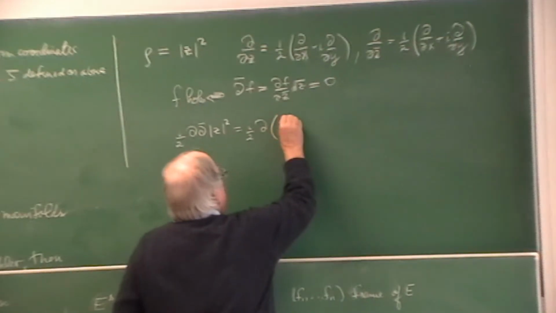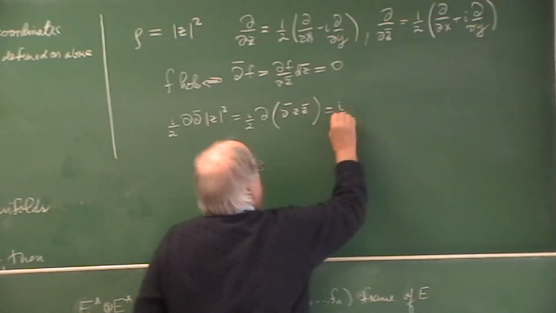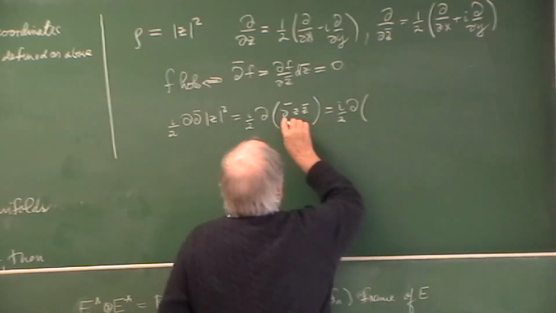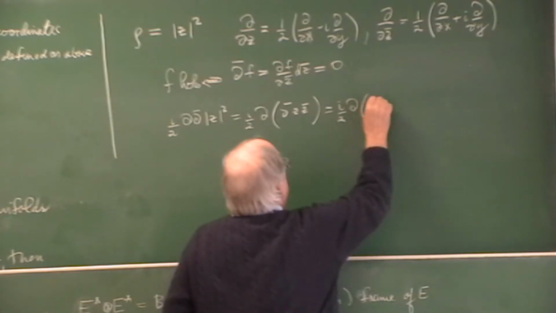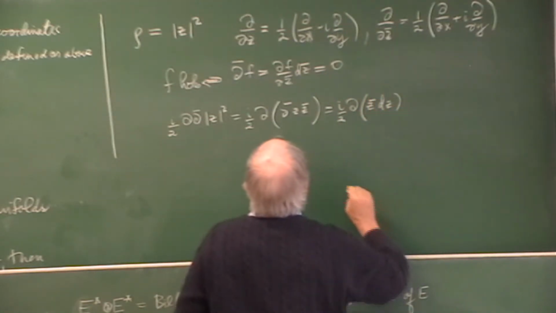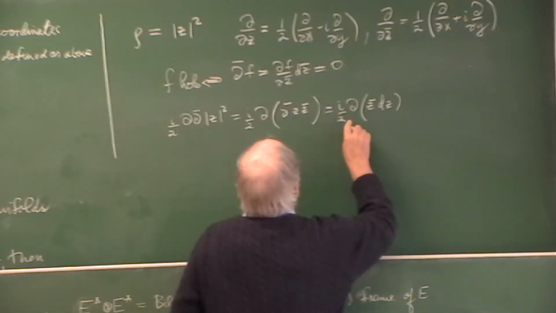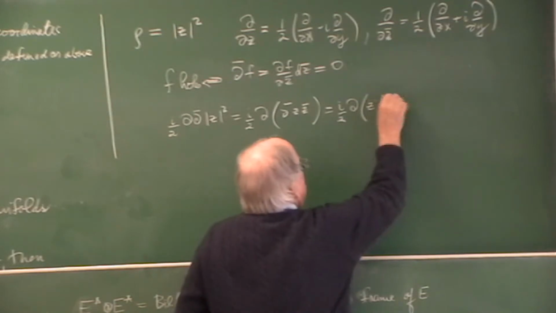So I'll write it out. D bar of z bar z is z dz bar. Yeah, no. I did z bar first, so z dz bar.